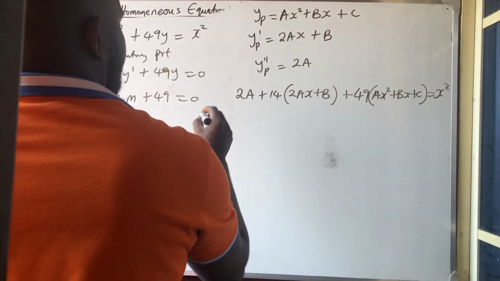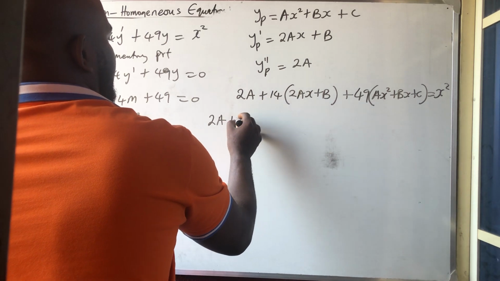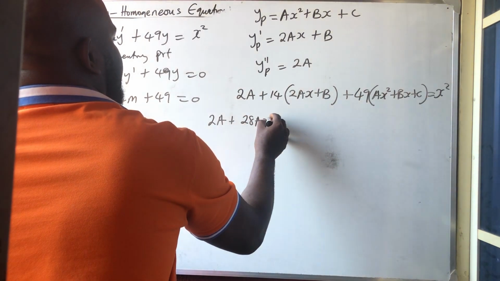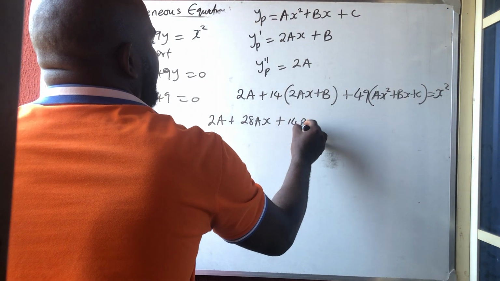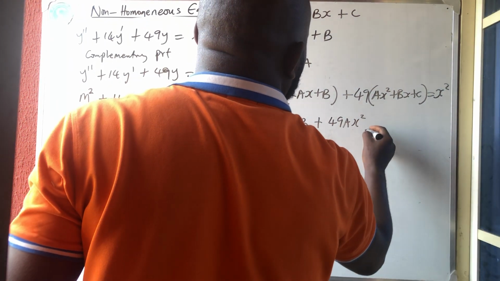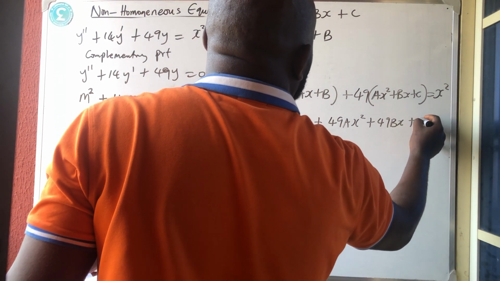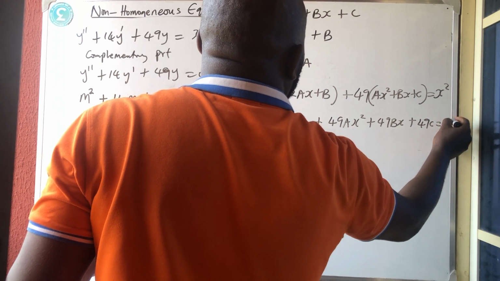So let us clear. I'm having 2a plus what? This time this will give you 28ax plus 14b plus 49ax squared plus 49bx plus what? 49c is equal to x squared.